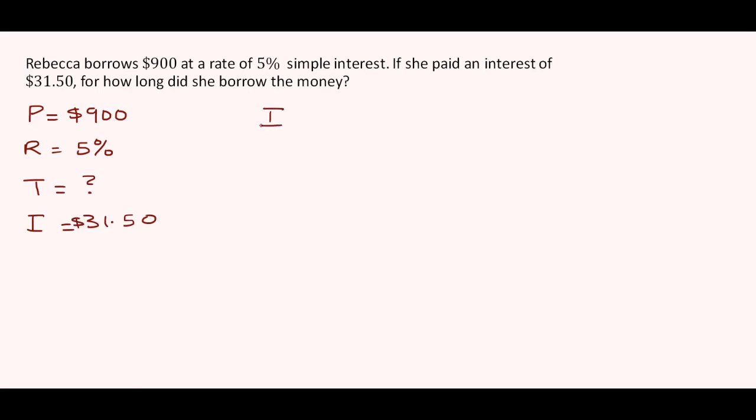So now let's write our formula. Our formula is I is equal to P multiplied by R multiplied by T. So now let's substitute. I is 31.50 equal to P, that is 900. R is 5/100. And T is unknown, so I'm just going to put a T right there.